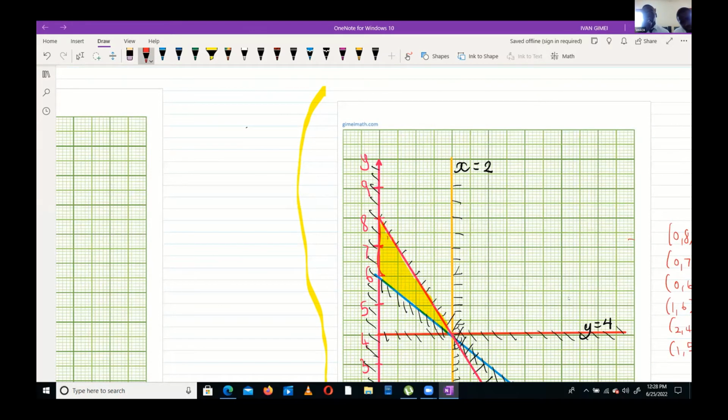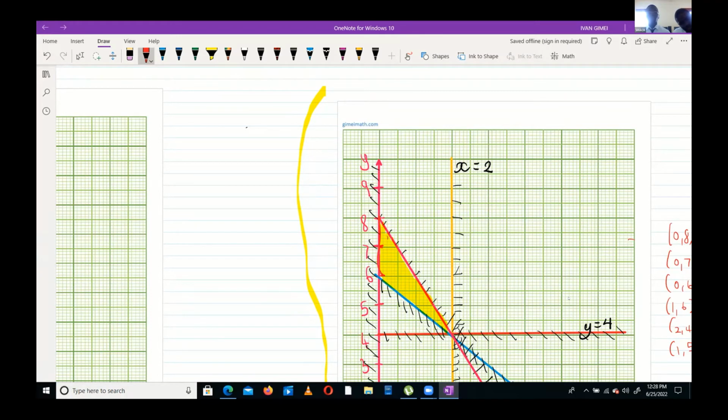When we are minimizing, we intend to minimize the expenditure, so we need to look at the part of the feasible region that gives us the lowest values.